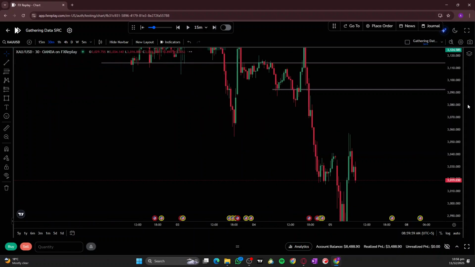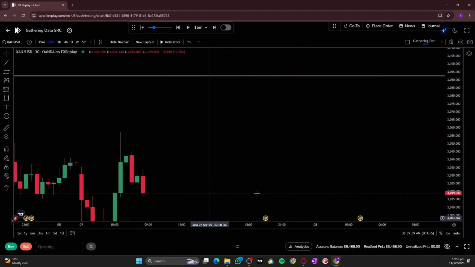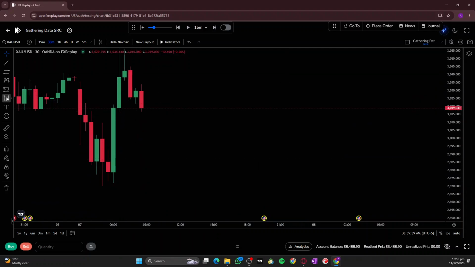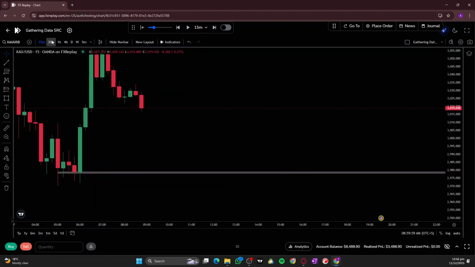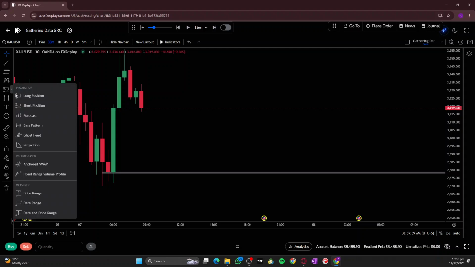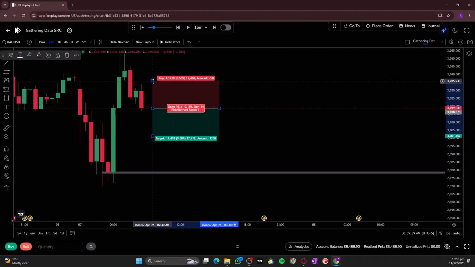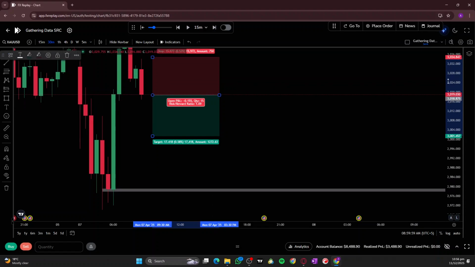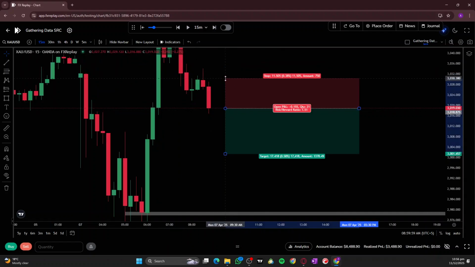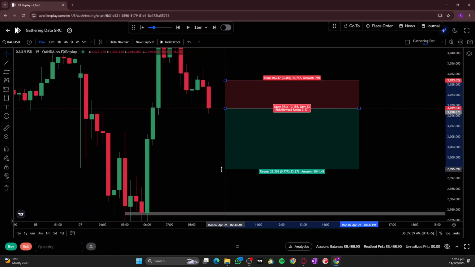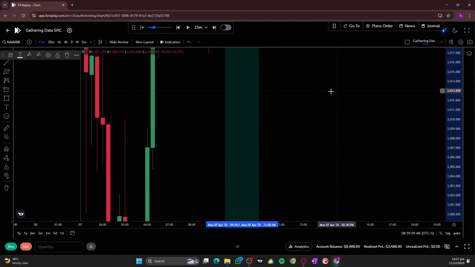Now, if you guys can see that this is a downtrend, right? This support has also been broken. Let's see the 15 minute. Bro, how big is this candle, man?